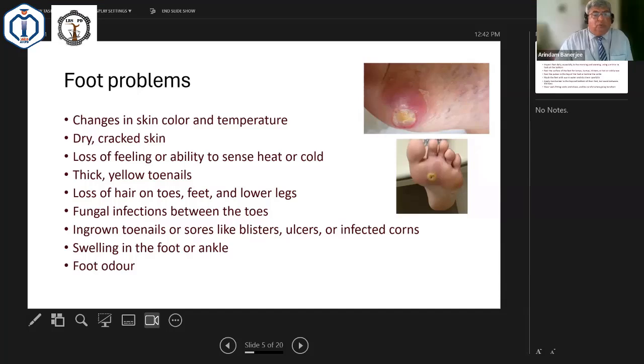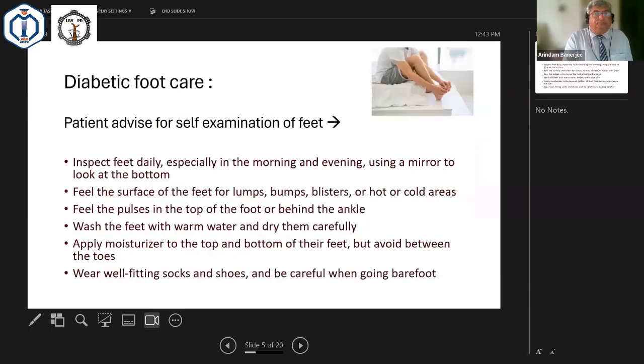And of course, there is swelling of the feet, and you might see foot odor from some infections. Another thing to remember is that many of these patients are smokers, which is an added insult on top of diabetes. So if you have a diabetic who is a smoker, your antennas have to be really focused.